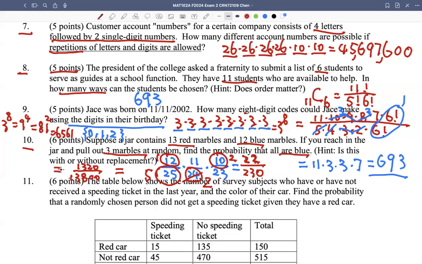Then you just divide those two numbers, 1,320 divided by 13,800, to get a decimal. The decimal you're getting is 0.09565. Then if you want, you can convert it into a percentage, 9.565%.